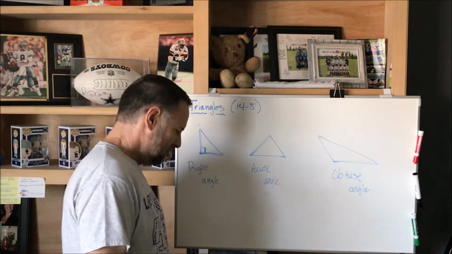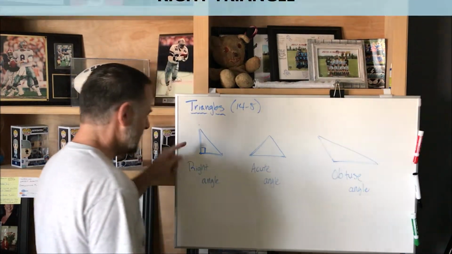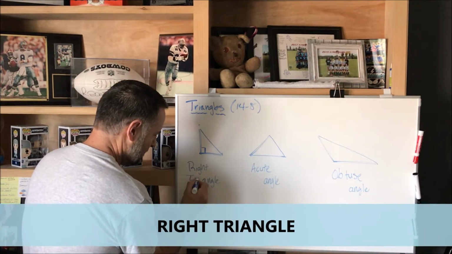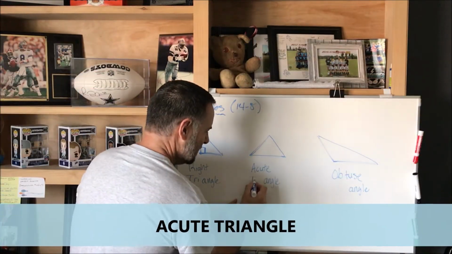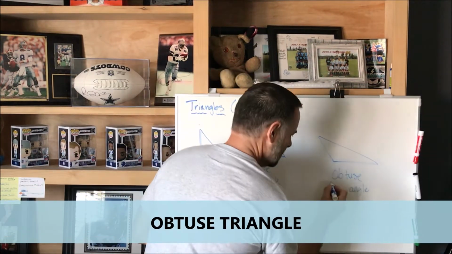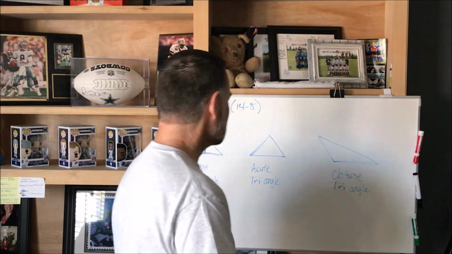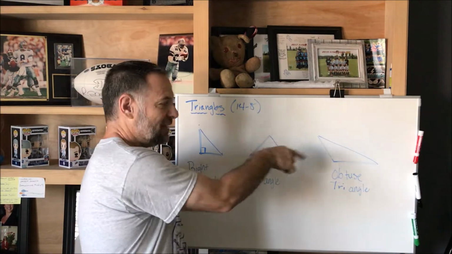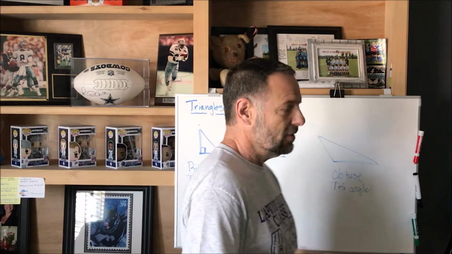And the best part is, not much changes. If you knew your angles, you'll know your triangles, because this is now a right triangle. This is an acute triangle. This is an obtuse triangle. So all you really did in this lesson so far is connect those rays and add the tri to each one of them. Now we have triangles.